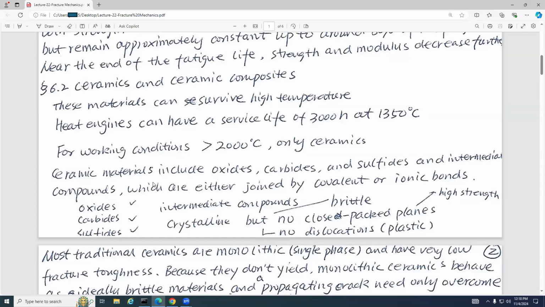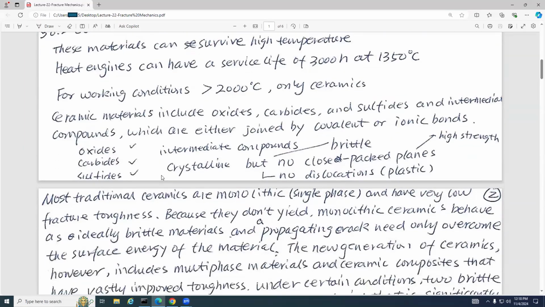So only ceramics. Ceramic materials include oxides, metal oxides, which are compounds of some metallic element with oxygen. Carbides are metallic compounds reacted with carbon, and we have sulfides, also metallic materials reacted with sulfur, and intermediate compounds, which are joined by either covalent or ionic bonds.